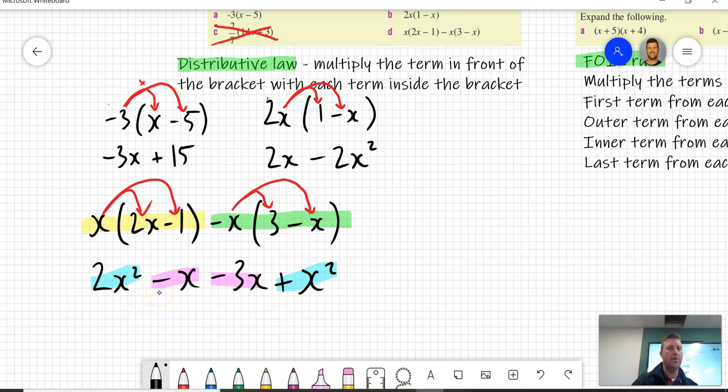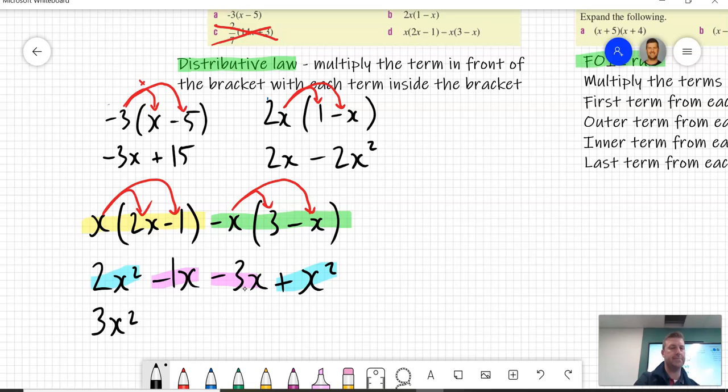So, I'm going to start with 2x squared plus 1x squared, which gives me 3x squared. And then I'm going to do negative 1x. Remember, there's a 1 there. Take 3x, which is, we're just moving, so we're just doing minus 1, take 3.